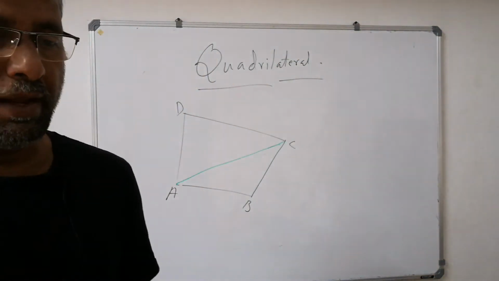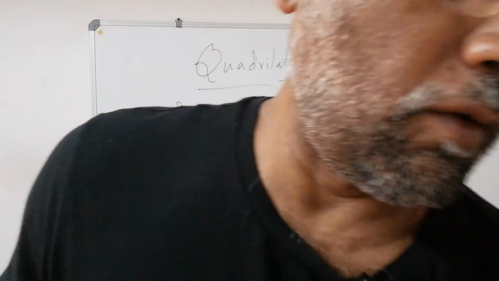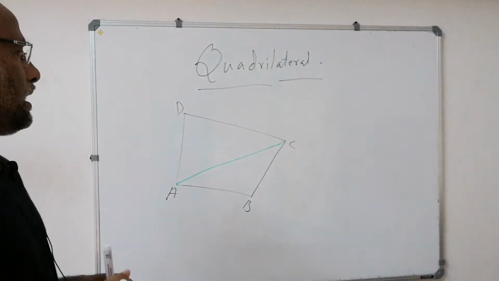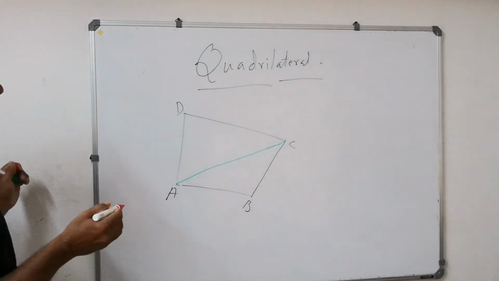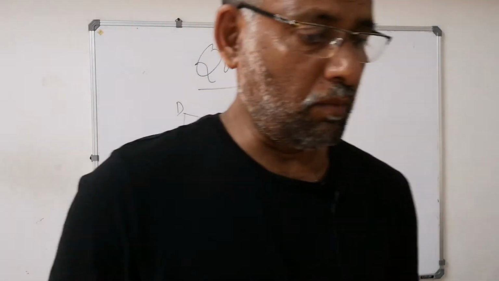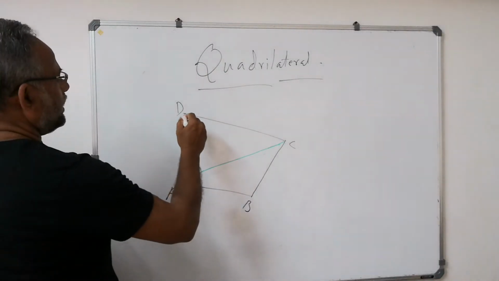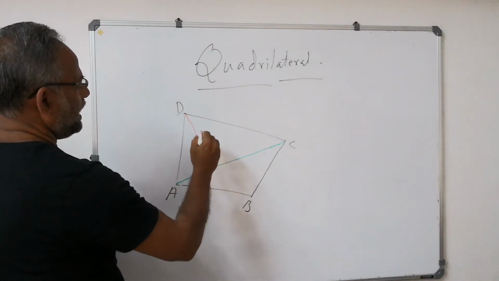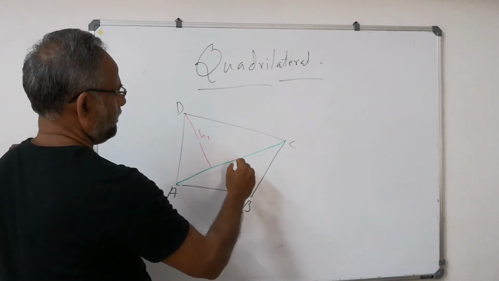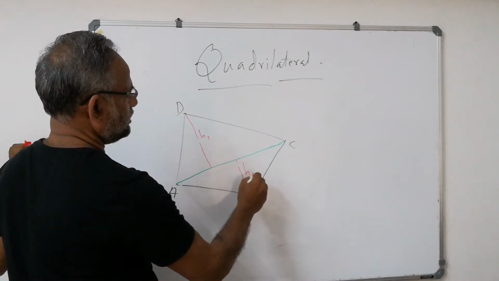Okay. Now my concept is, how can we form the formula or make the formula? What are we doing? We are joining here. This is H1 and this is H2.